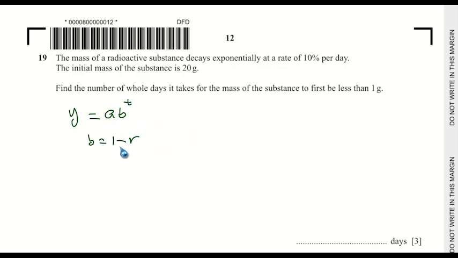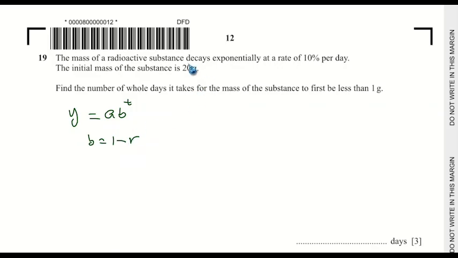So why is it 1 minus r? Because we have exponential decay. If we have exponential growth, the value of b will be equal to 1 plus r. Just take note of that.